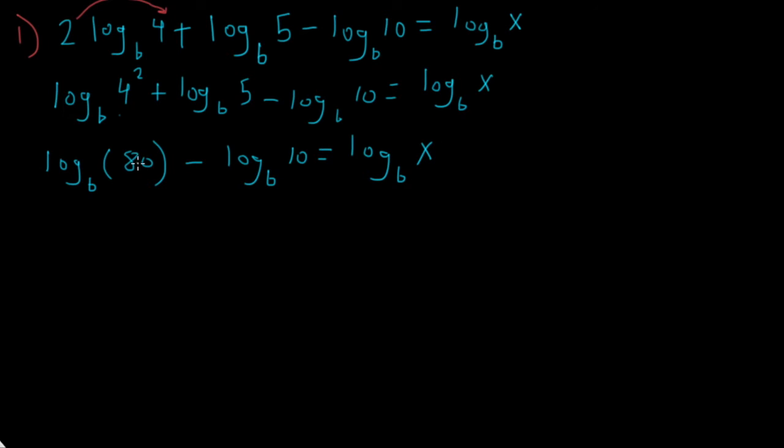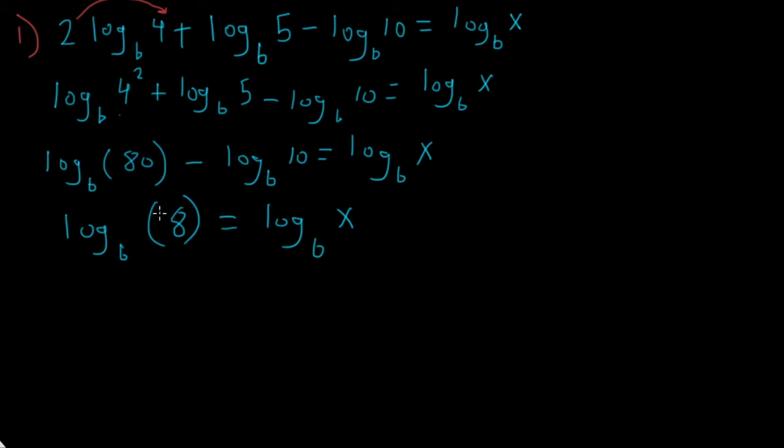Now we're going to use the quotient rule, and this is going to become log b of 80 divided by 10, which simplifies to 8. So this is log b 8 is equal to log b of x. Now this is the part that we haven't quite talked about yet, but might be self-evident if you think about it.